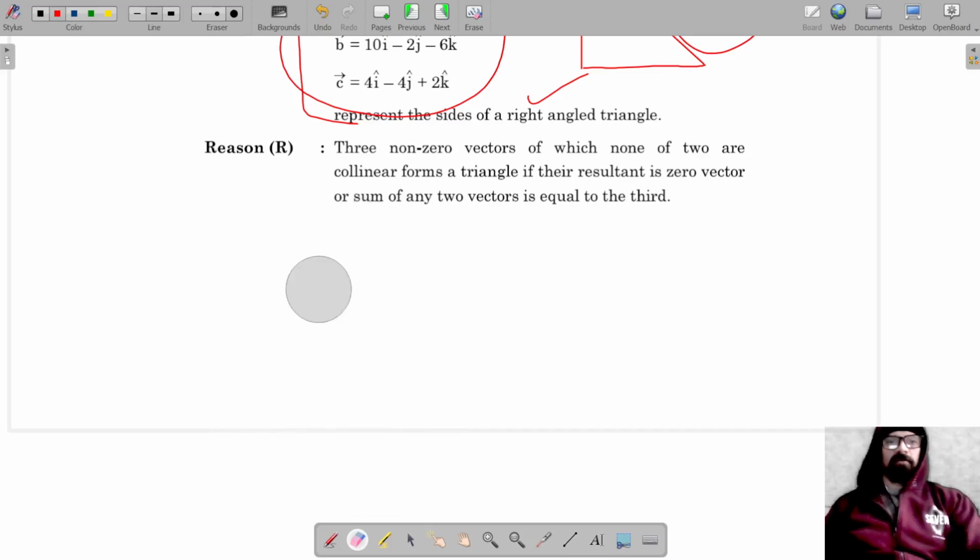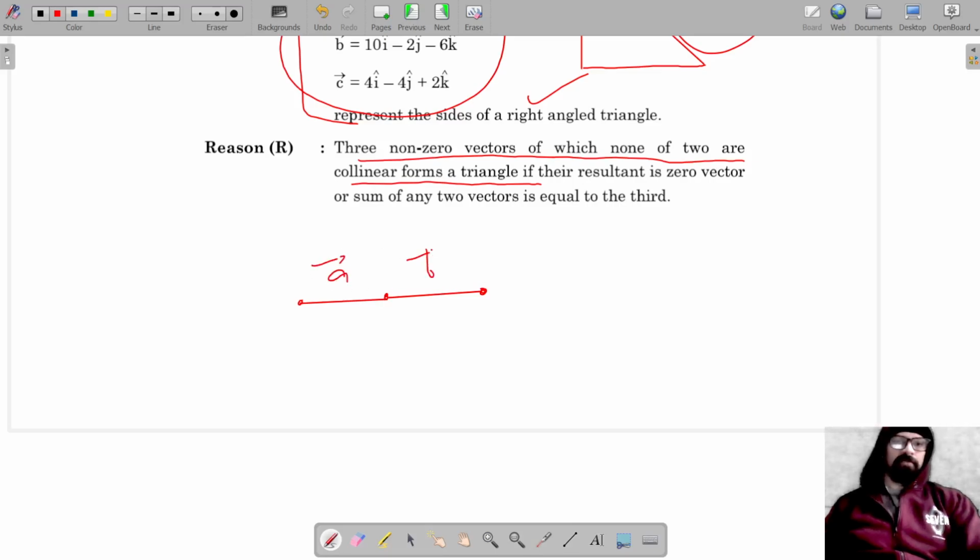And what does it say? Three non-zero vectors of which no two are collinear form a triangle, which is true. Let's say there are two vectors, A and B, and they are collinear.